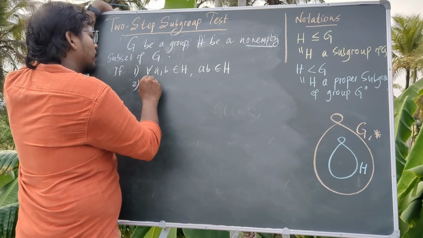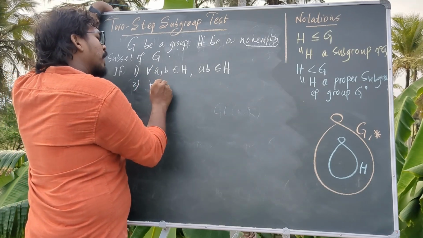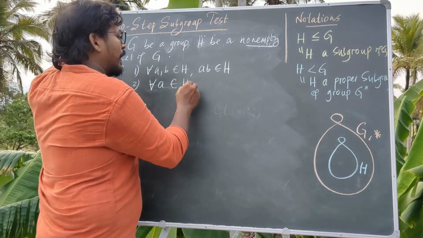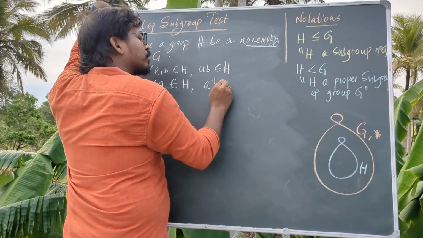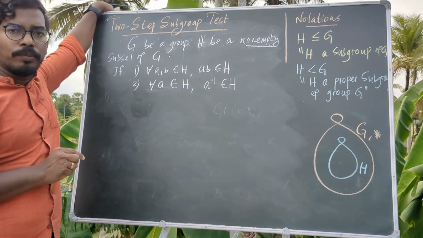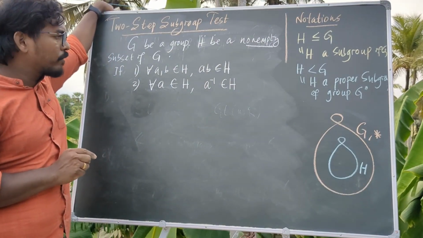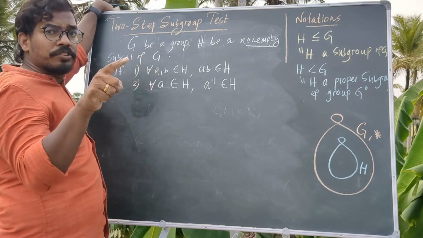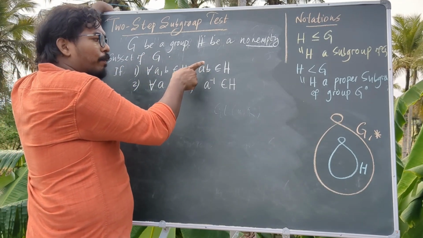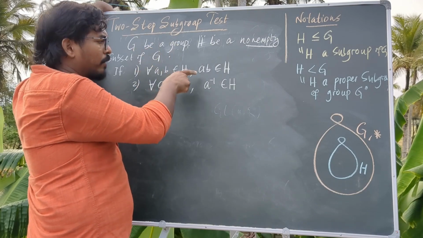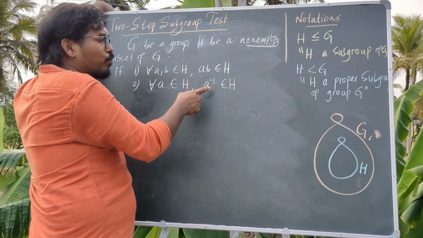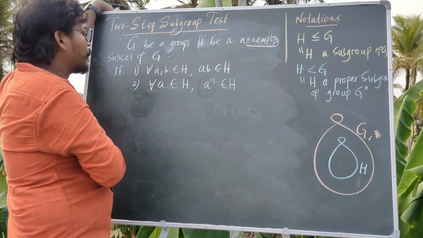Second, for every element of the subset H, its inverse also belongs to the subset H. We have used multiplicative notation, and so we have not mentioned star. ab means a is operated with the element b under the operation of group G, and a^-1 is the inverse of element a.